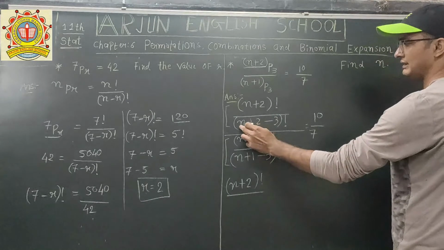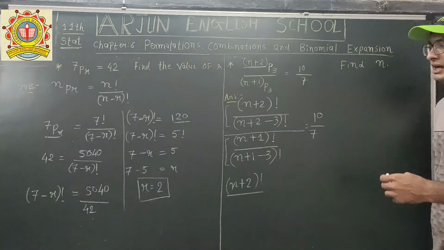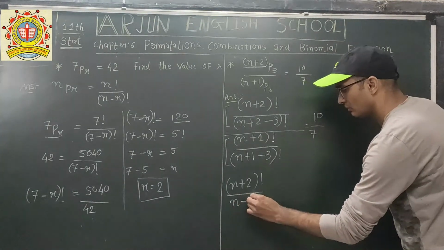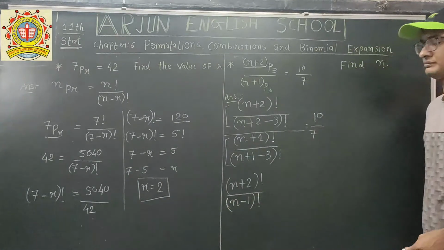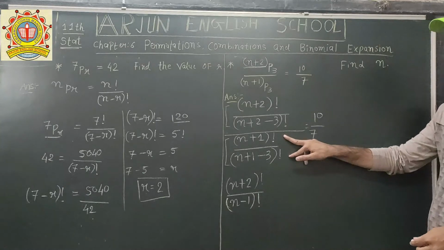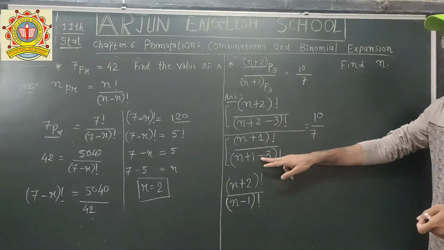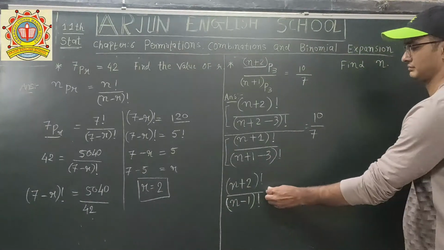In the denominator, it is plus 2 minus 3. So the answer is (n minus 1) factorial. And here it is the denominator part, meaning divide and divide and divide, so we take the reciprocal of this and it becomes multiplication.